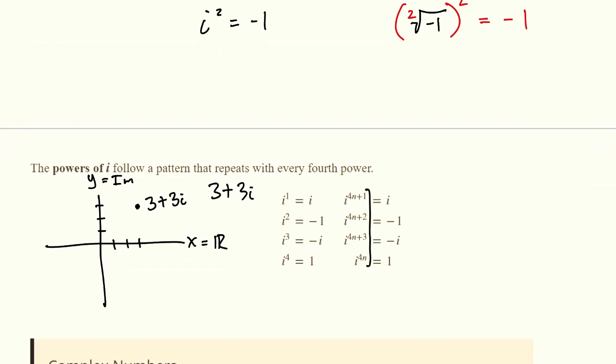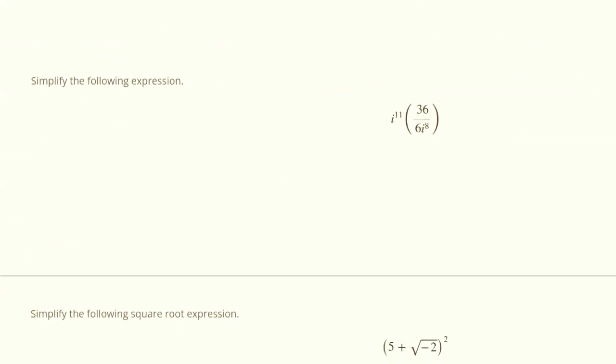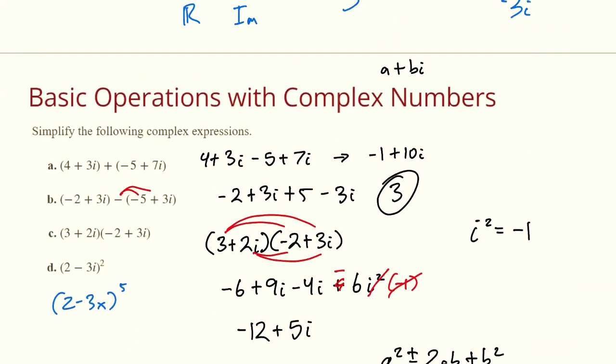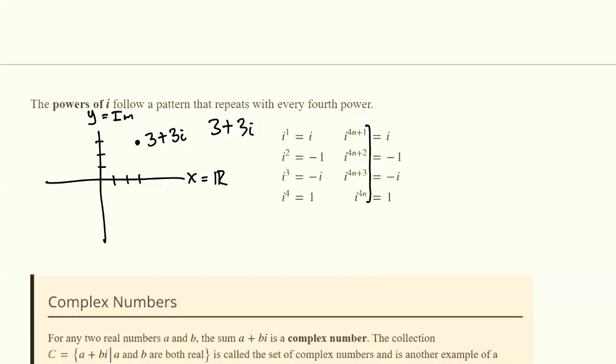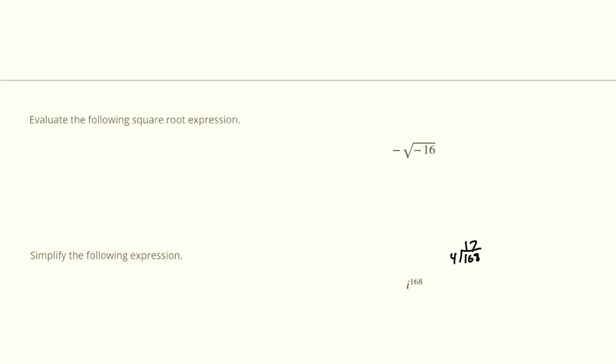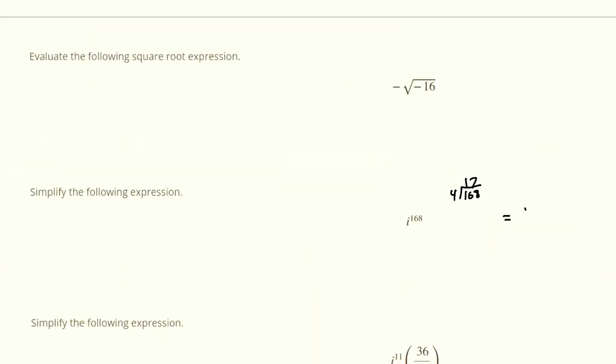I think that one is a 4 times 17. So notice you would come here and go 168 divided by 4 turns into 42 with no remainder. If I look up the no remainder case, that means that guy right there just goes to a 1.